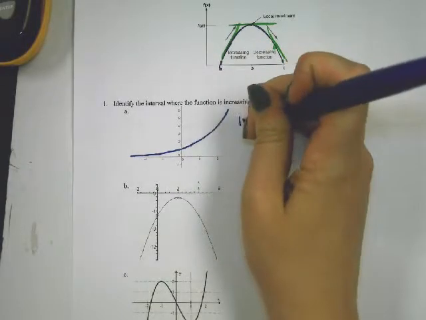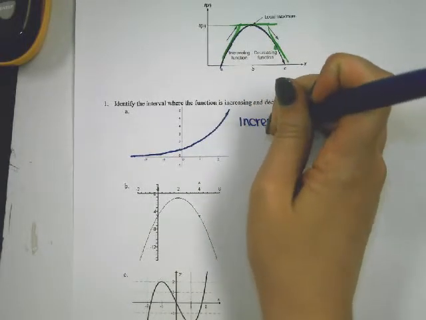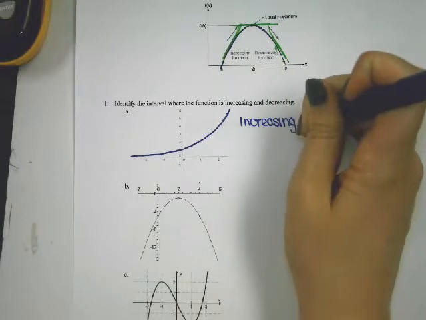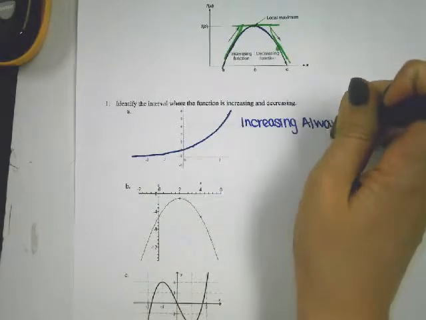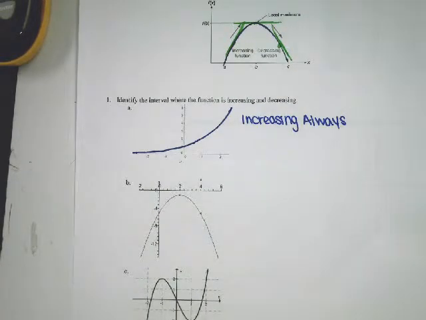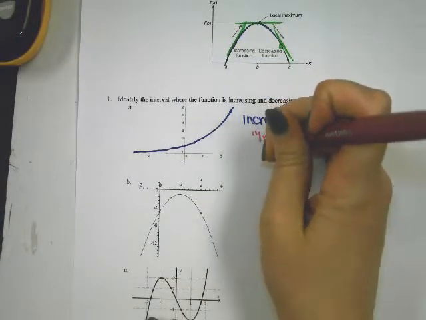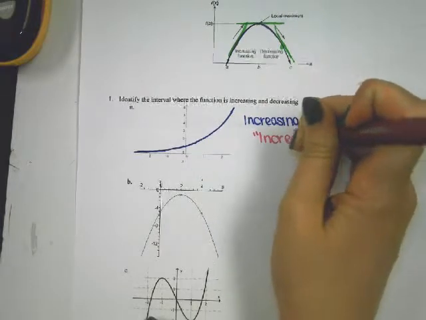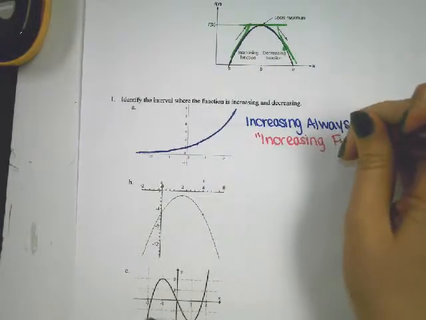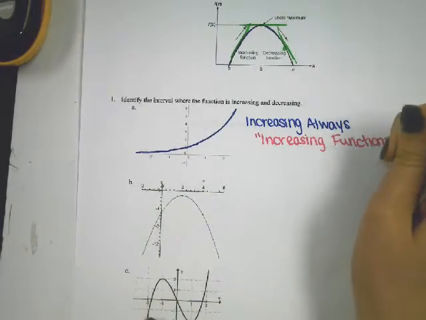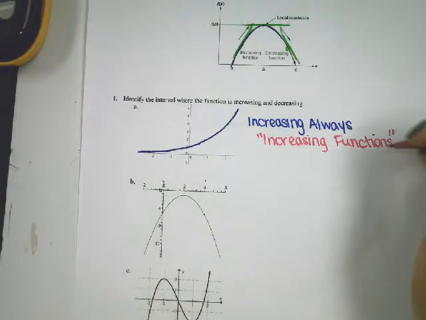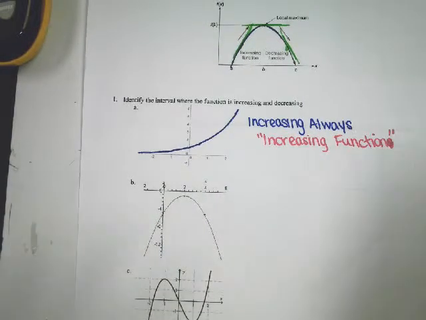So this is increasing always. So we would call this an increasing function, because it is always increasing. A decreasing function will always be getting smaller, and then some functions vary.